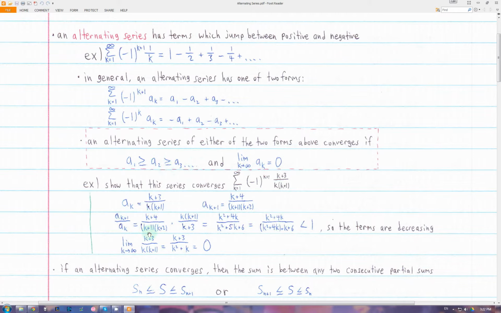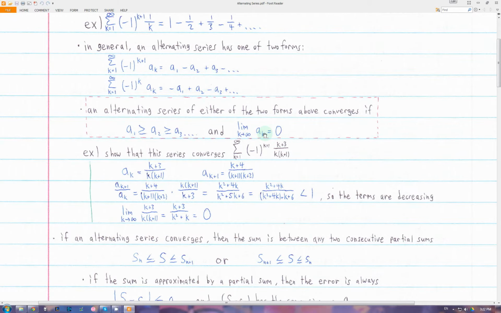Now the second one is taking the limit as k approaches infinity of the general term. And since it's bottom heavy, the limit is 0. So this series fits both conditions of the alternating series test, so it is convergent.